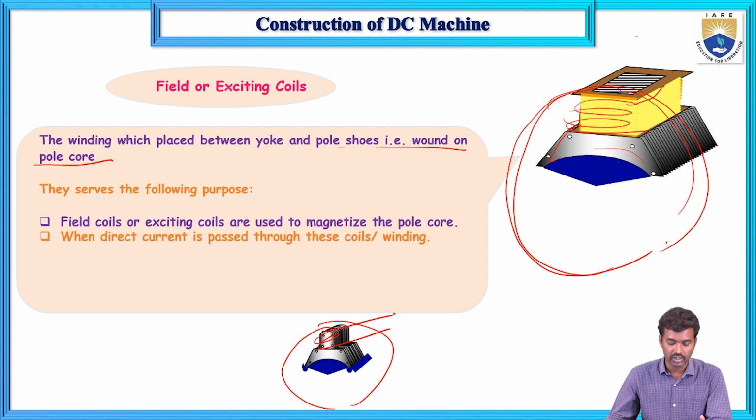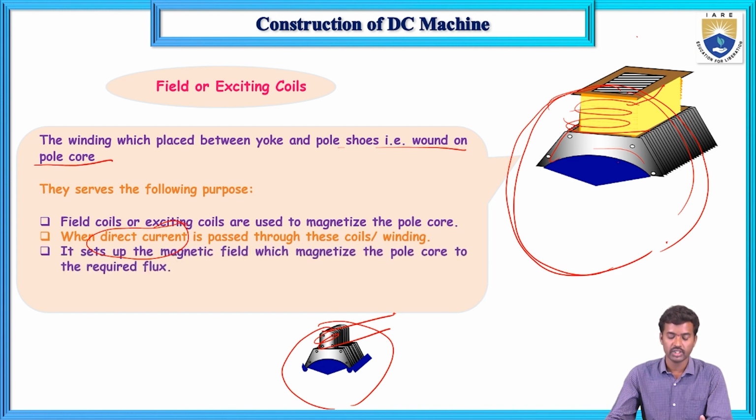When direct current passes through this coil, it sets up the magnetic field. When you give the DC supply, current flows in this winding and it sets up the required flux with the help of the magnetic pole core.